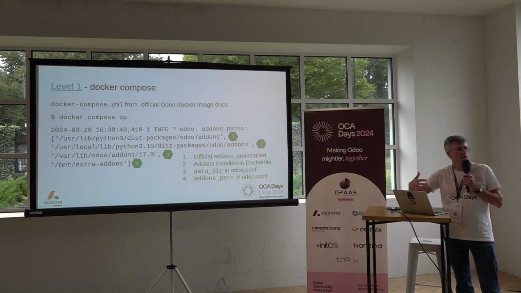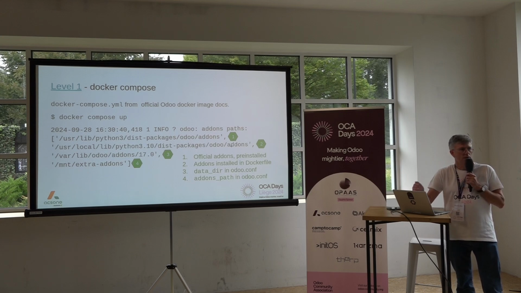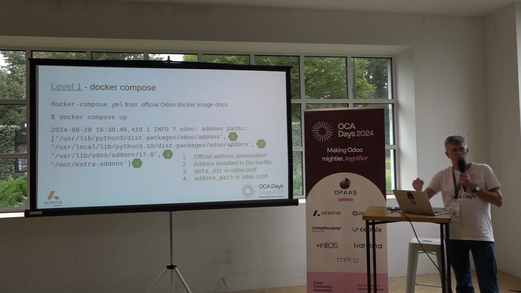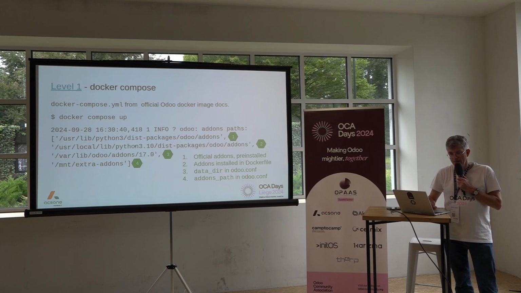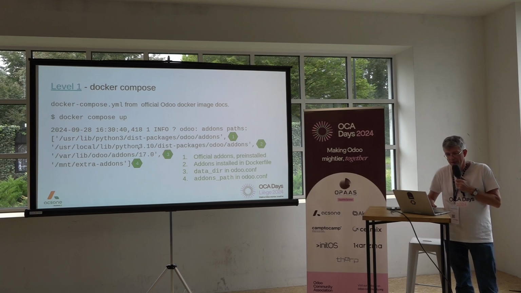So when Odoo is installed in the image, all the official add-ons are put there. And then the second part is /usr/local/lib/python/dist-packages/odoo/addons. That is the part that came from the pip install that was run as root. So it goes there in /usr/local/lib, because the root user in the image is configured to install there.